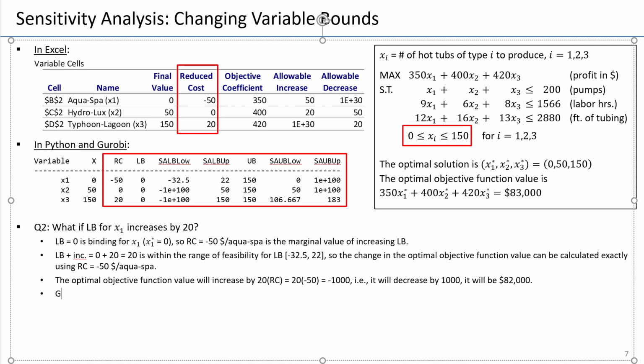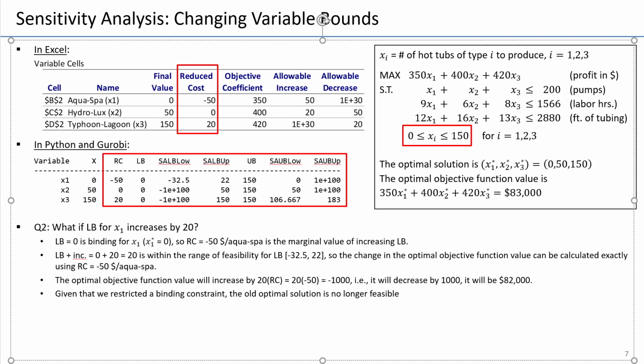What can we say? Well, given that we restricted a binding constraint, the old optimal solution is no longer feasible. If we change the lower bound from 0 to 20, that means there is a constraint x1 greater than or equal to 20.